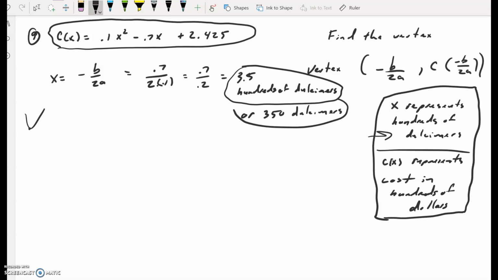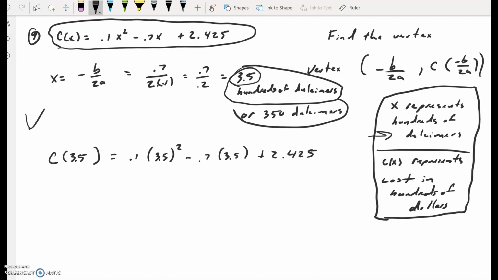So x itself is 3.5, and so we have to put in 3.5. We want to know what the cost is at 3.5 hundredths of dulcimers. And so I'm going to calculate this on my calculator.